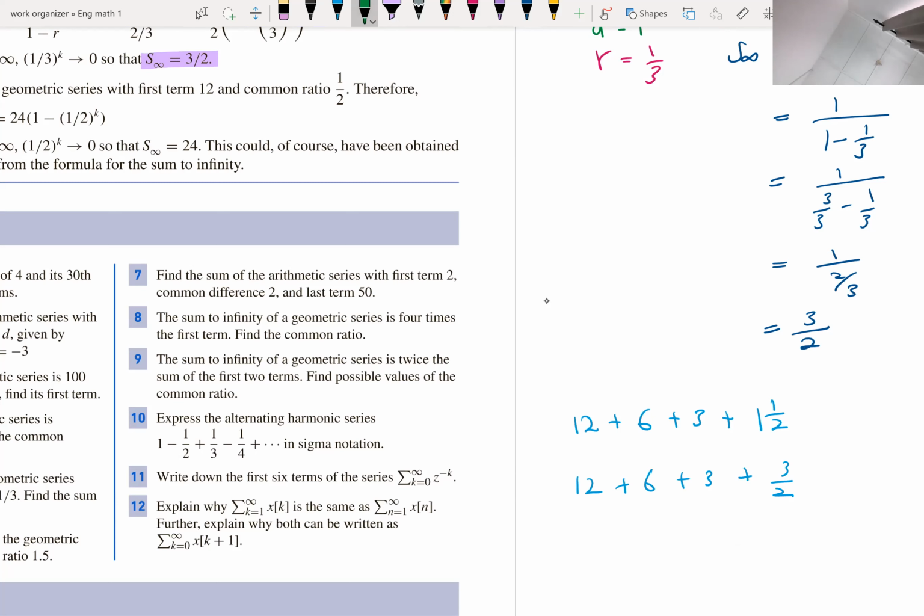Which one is A? This one is A, the first term. For R, we identify that to get 6, 12 is multiplied by 1 over 2.